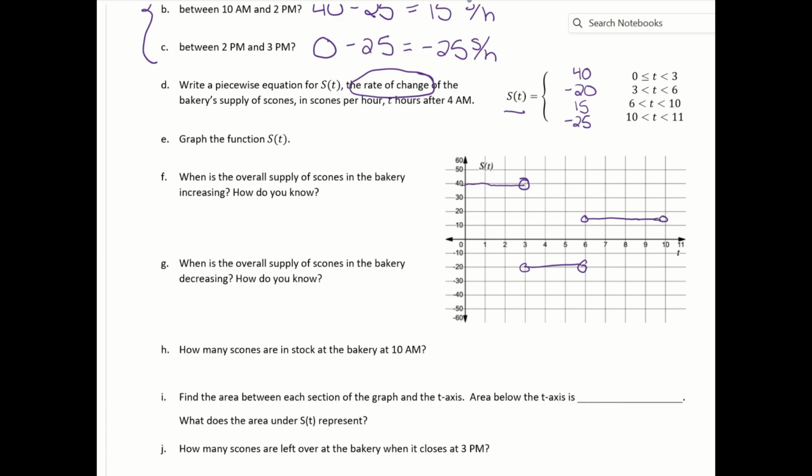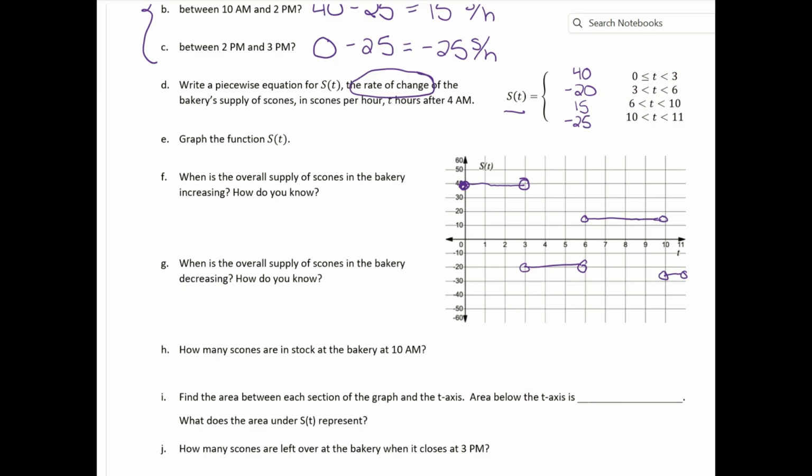And then finally, for the last hour, we're going to have a height of negative 25. And don't worry too much about the open or closed circles on the ends of these. But we're using open circles except for right here because that's what the intervals have given us. We could use closed circles with the equals, so otherwise we use open circles.